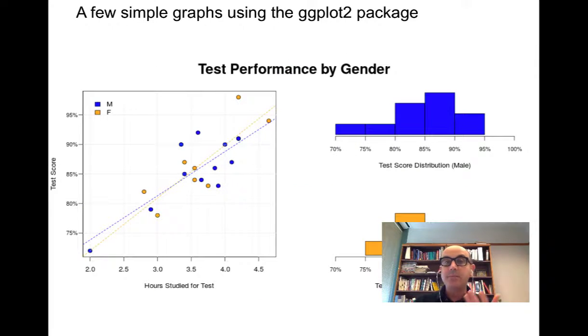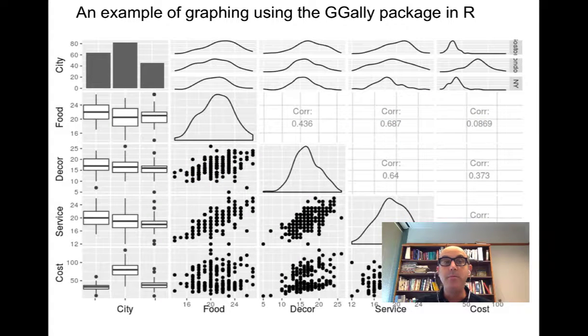And again, this is a very powerful tool. So we talked about distribution today. So test performance by gender. And again, you can play it or test it in different platforms. This is quite powerful. As an example of graphing, I can do it in one graph.